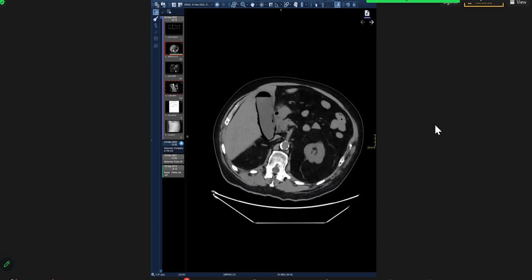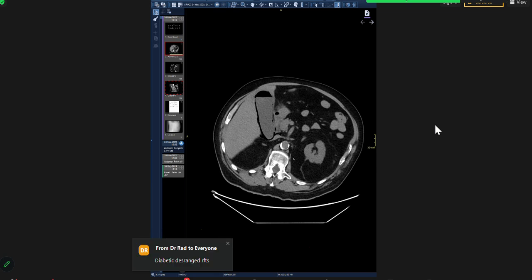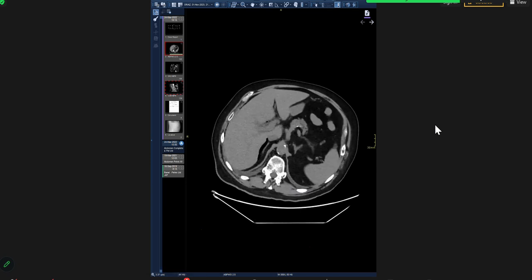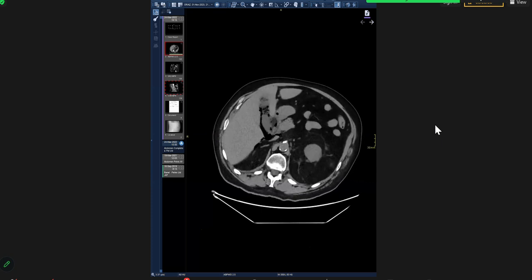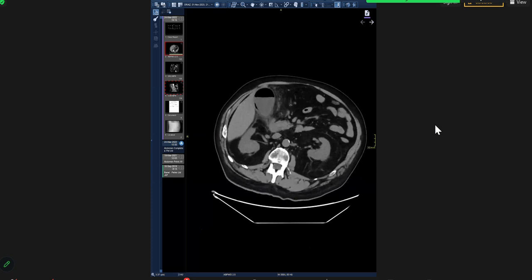Because we can't wait for RFTs, and these findings can be easily picked up on the unenhanced. No, we never know what we are going to find in the abdomen, right? So it is because the patient is a diabetic. He has elevated creatinine, so they couldn't give him contrast. You can see from the amount of atherosclerotic calcification as well, and the patient was very sick. So we just did it.